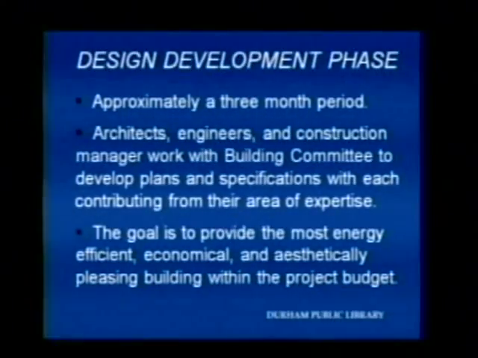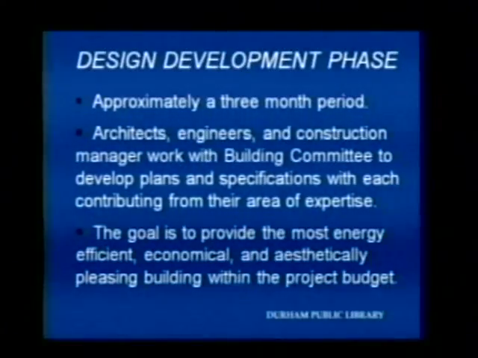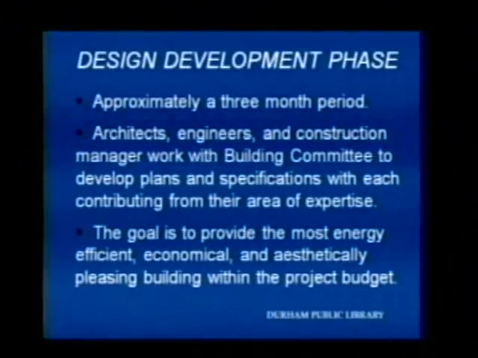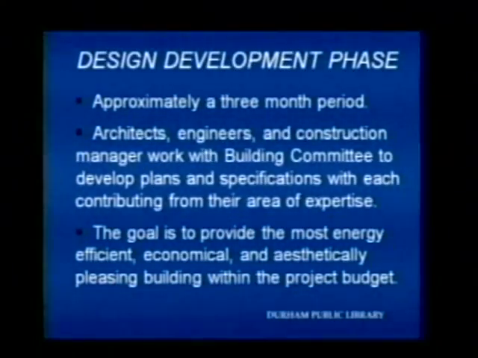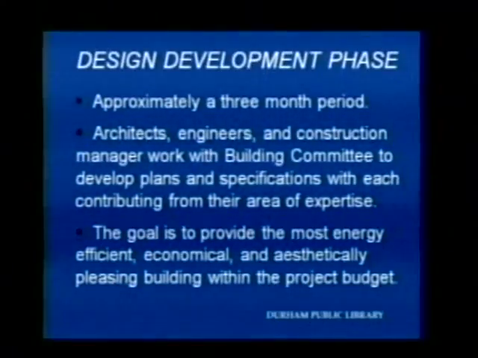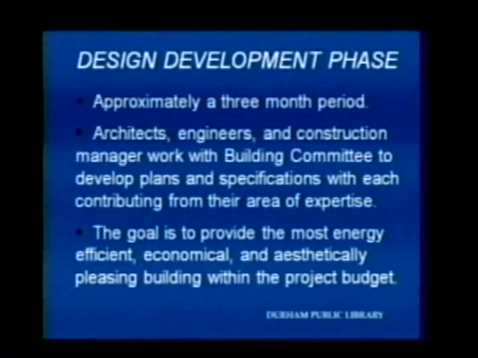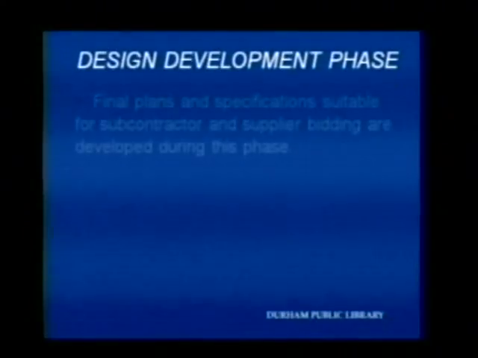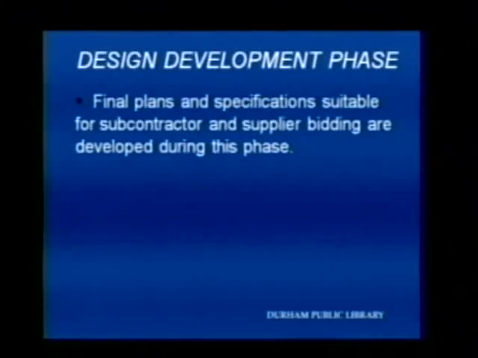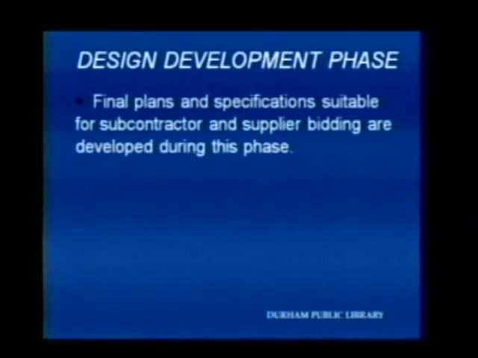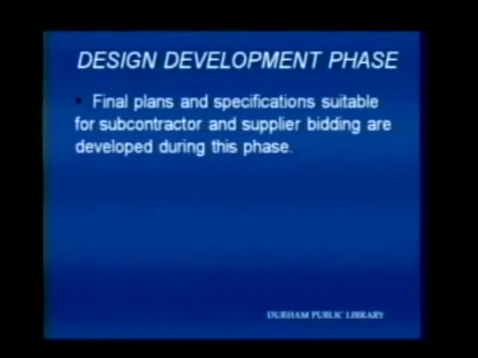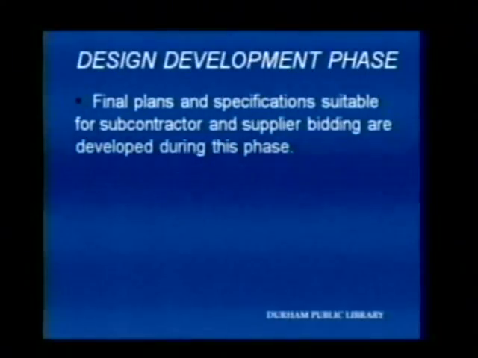We've been tasked with the goal of trying to provide the most energy efficient and economical project that we can for the community, and obviously to keep it within the funding available. During this whole process, over the next 3 months, we will continue to do budget updates and provide them to every team member so that we're all aware of where we're going with pricing and with the design.